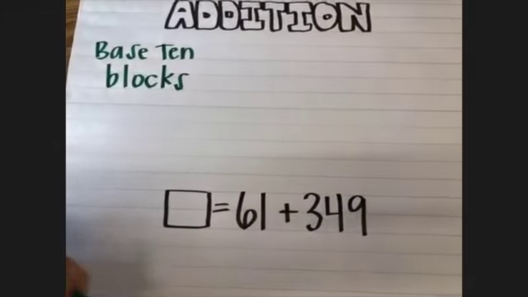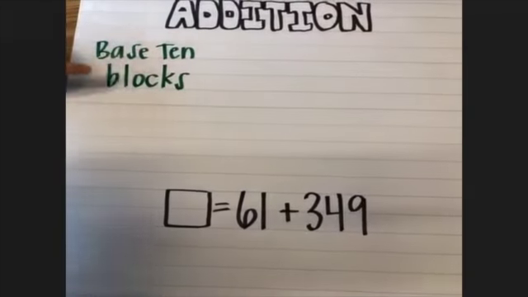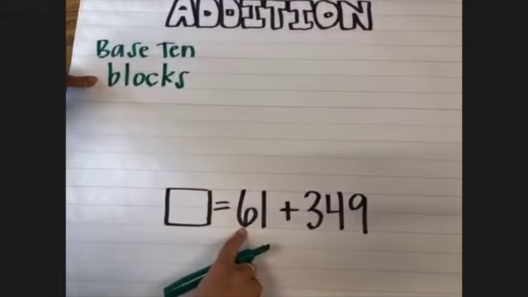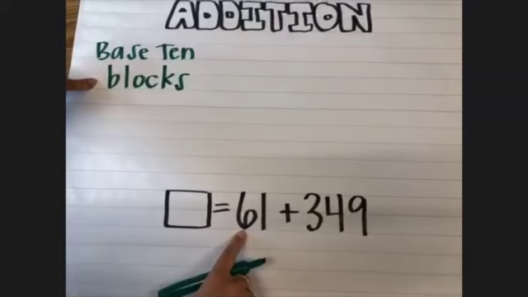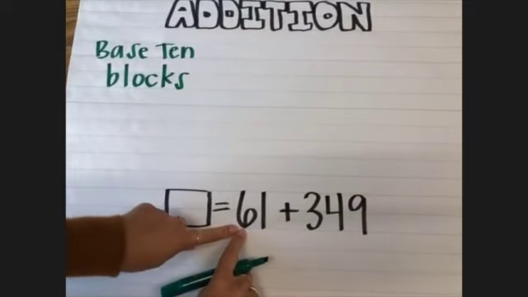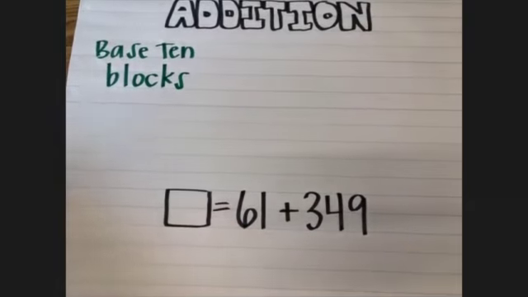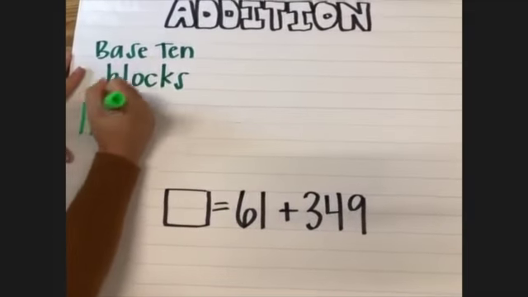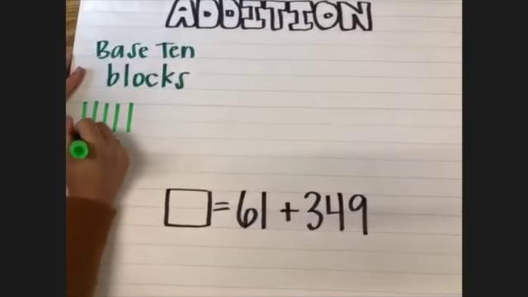We could draw for our base 10 blocks 6 tens. What do we draw when we're drawing our tens? Good. We want to draw base 10 sticks. 2, 3, 4, 5, and 6.